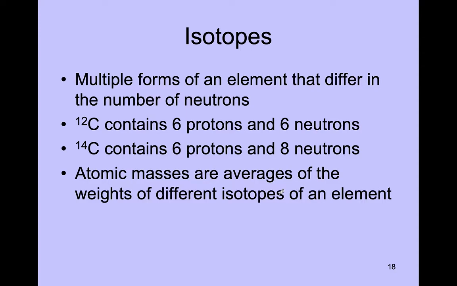Isotopes are different forms of elements, and this is because they differ in their number of neutrons. So it changes the atomic mass. Carbon-12 has 6 neutrons, whereas carbon-14 has 8. And because its atomic mass is different, it can change some of the characteristics of that particular element. You may have heard of carbon-14 dating.